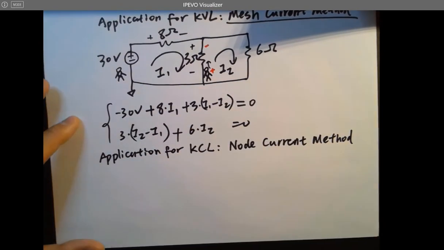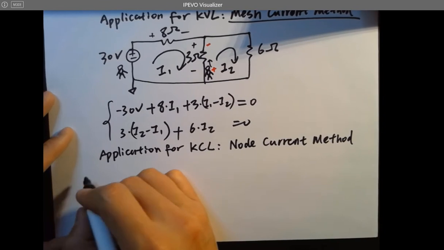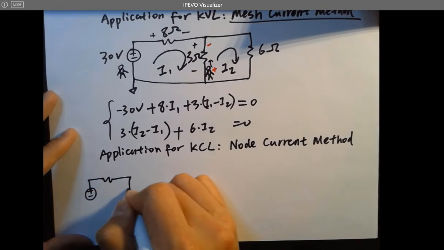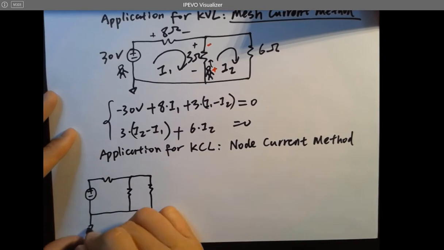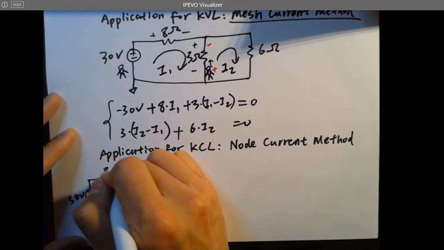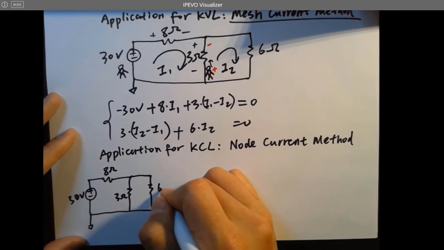Let's draw the same circuit here, a little bit smaller: 30 volts, 8 ohms, 3 ohms, 6 ohms.